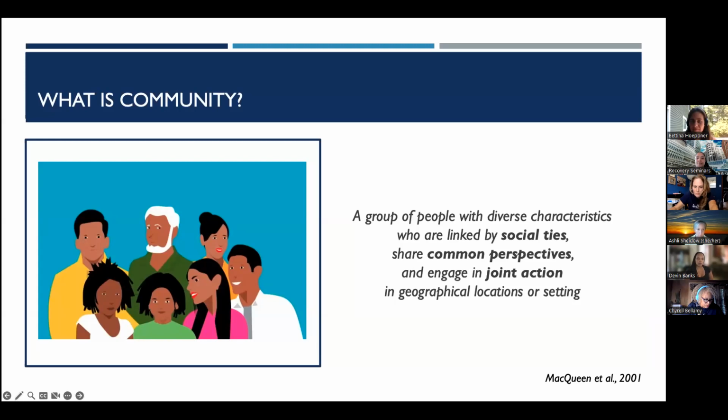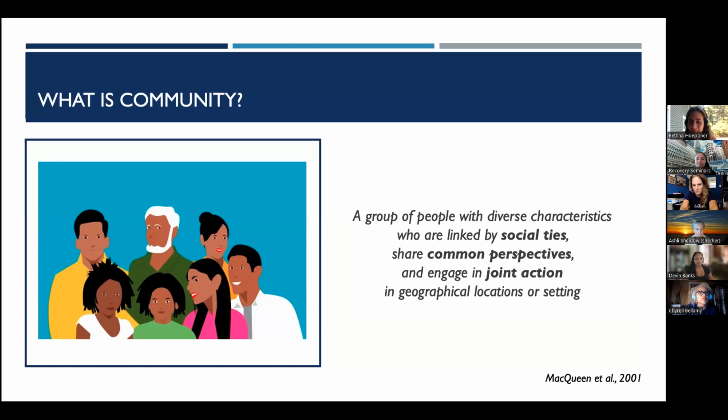Two, they share common perspectives. And three, they engage in joint action in a geographical location or setting. So pretty straightforward: people who are socially related have some type of commonalities and are geographically working together in some way, shape, or form.